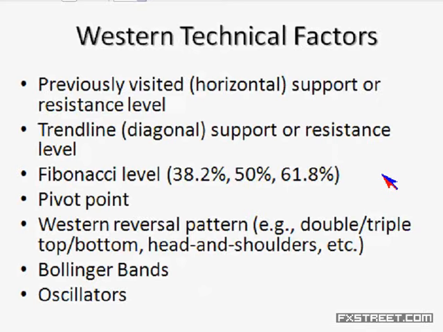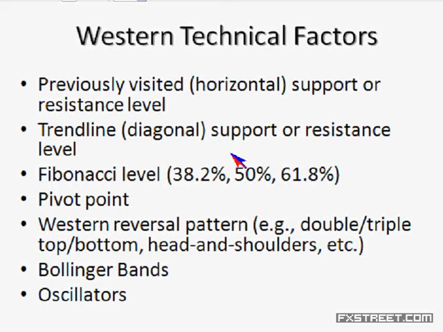Western technical factors. Previously visited support or resistance levels. That is my strongest Western technical factor. Let's say, on Euro, if it's 130, a strong support resistance level. Those are probably the most important Western technical factors when used in conjunction with the candlesticks.